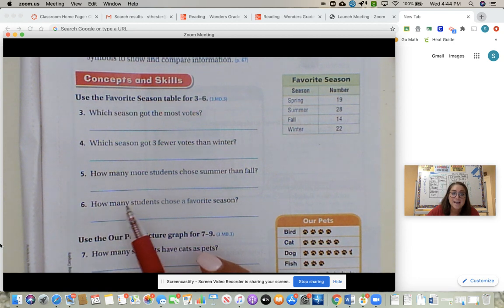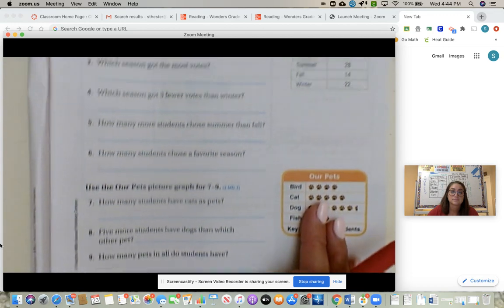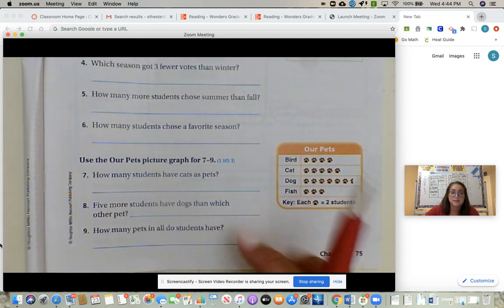Number 6, how many students chose a favorite season? So this question is also similar to the question of how many students were surveyed. So we've done a few of those questions. It's the same thing. Do the same steps. All right.